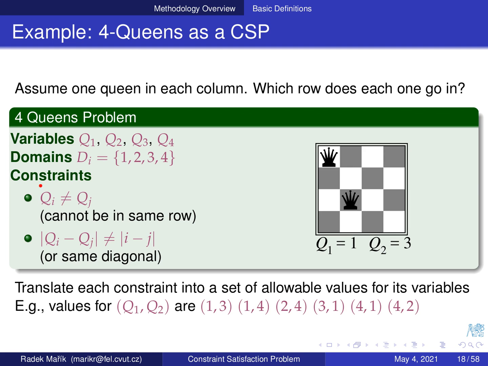Of course, again, these constraints can be translated into a set of allowable values, like, for example, for values Q1, Q2, we have this list of possible combinations of rows.